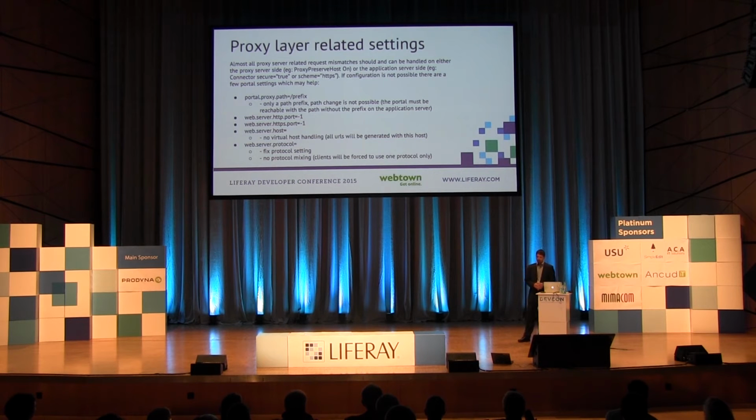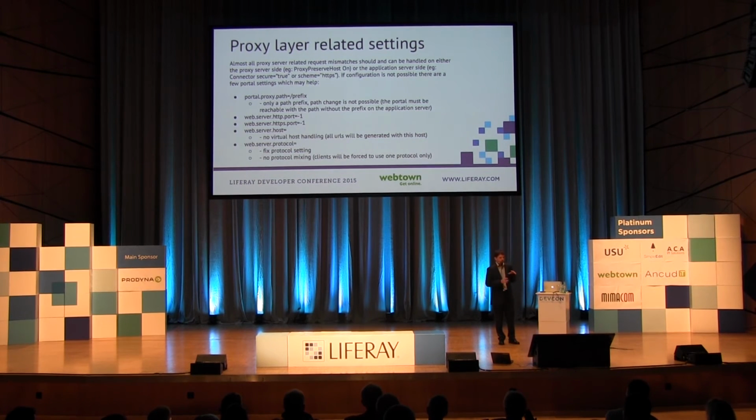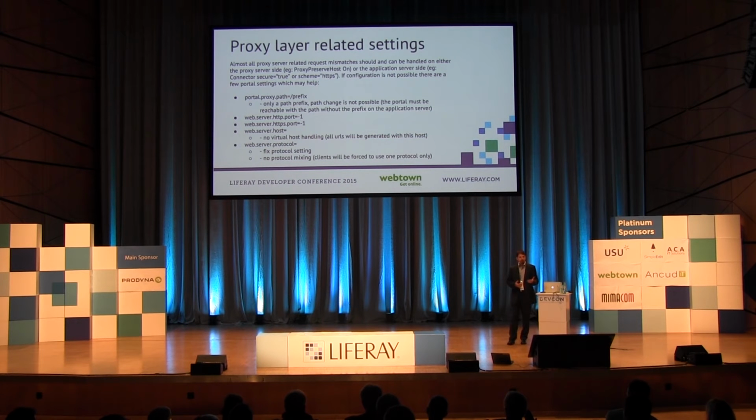All of these mismatches between configuration and request can be handled, and should be handled, on the proxy server side or on the application server side. All of the application servers have some methods to check whether the client really uses that address, whether the application server is accessed through a proxy layer.